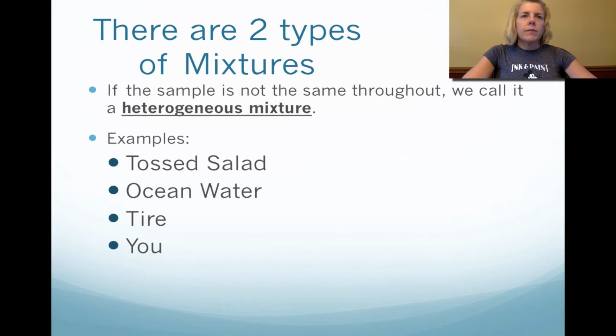Examples of that are if you had salad or ocean water. Even though it's liquid and it looks like there's nothing in there, you could actually pull apart the different pieces of the mixture. If you take a cross section of a tire, there are different layers and different parts to it. As a result, we can tease apart the different substances that make up the heterogeneous mixture.